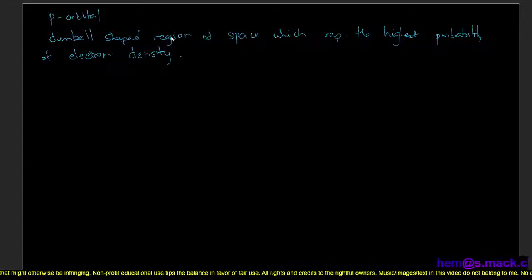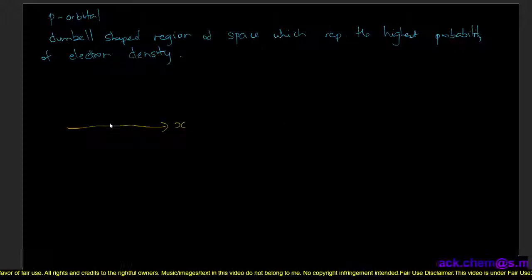So I'm going to go ahead and draw my dumbbell shape, right? And in order to do so, I'm drawing my 3 axes because the p orbital is arranged around each axis, right? So let's say this is my x-axis. This is one p orbital.